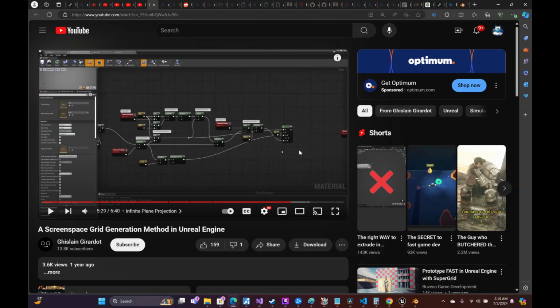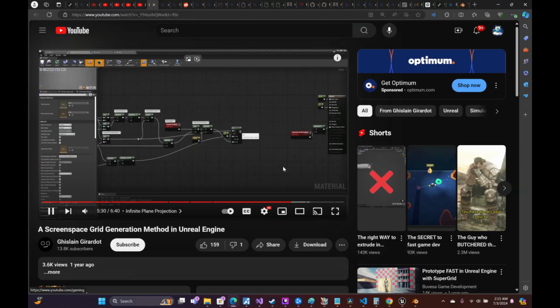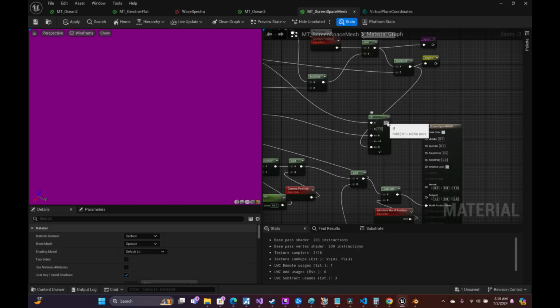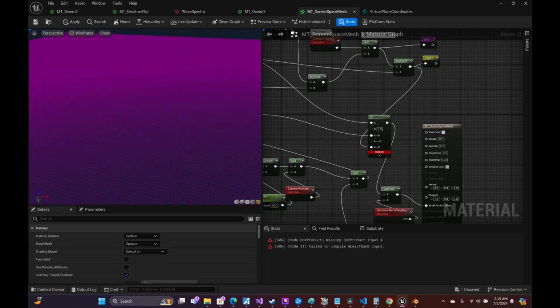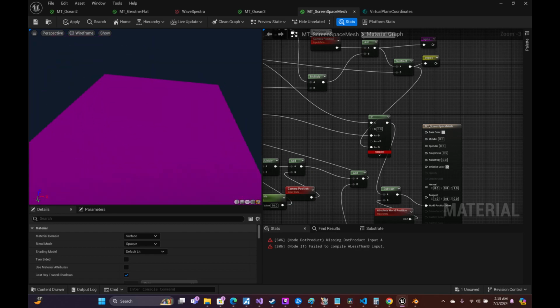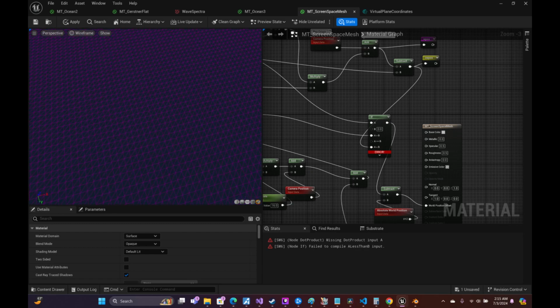All right, then where's he plug that into? Sweet, now convert that projected world position. Okay, that's what I thought. Oh, that's really cool. Wait, but it's not right.